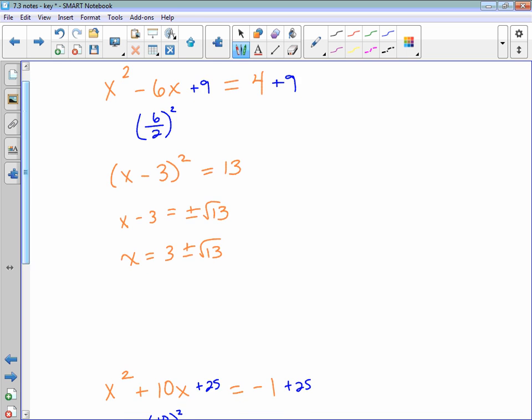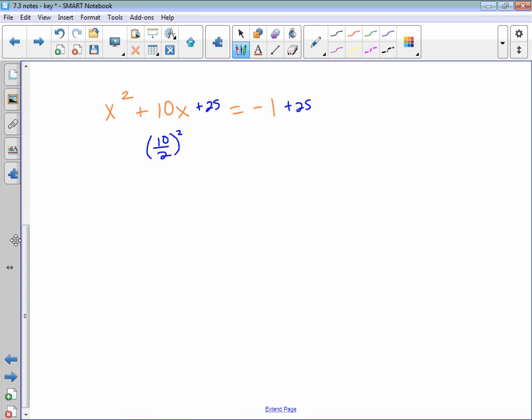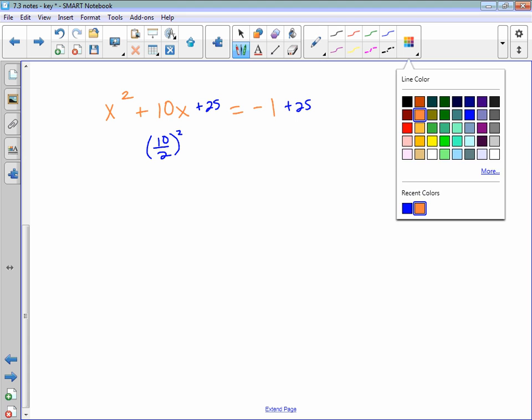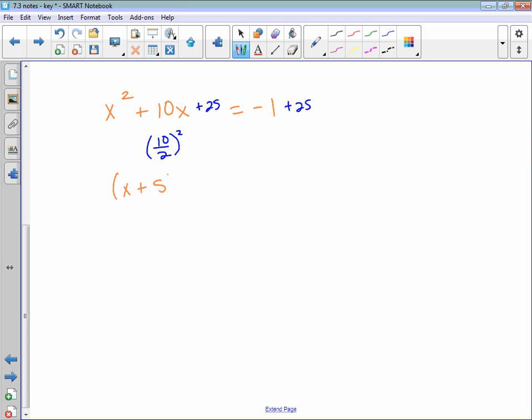Yes. So the 3 will come in. That'll be 5. Okay. So x plus 5 equals plus or minus, what, 2 root 6? Yes. Okay. Quick refresher in completing the square.